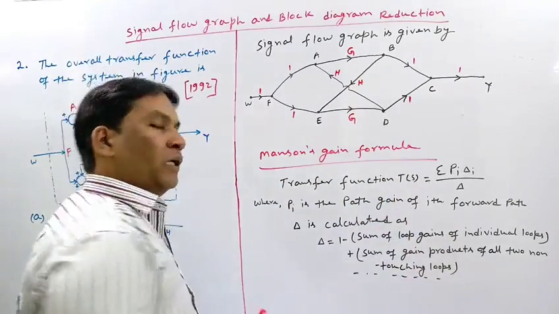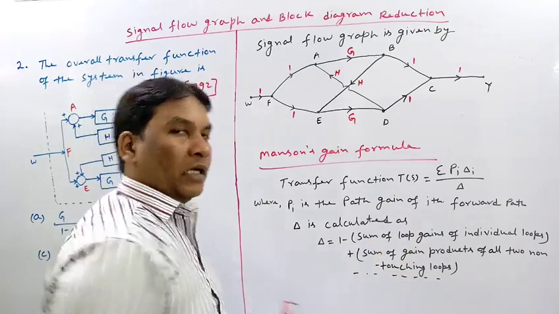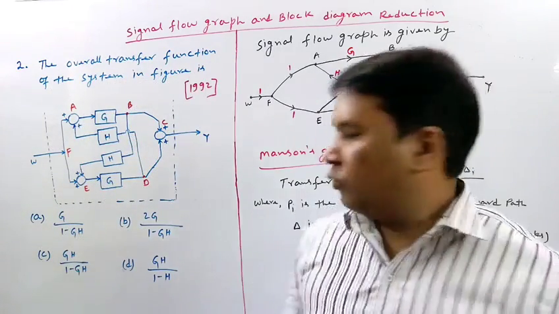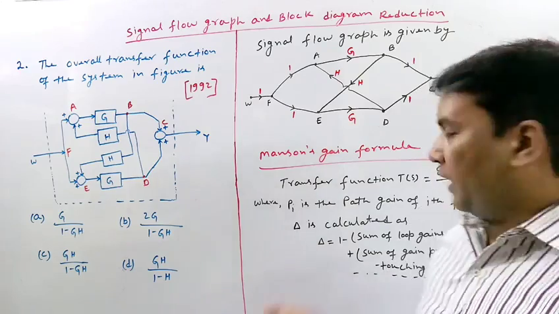It will be continued as long as possible. After that we do plus sum of gain products of four non-touching loops, like that.